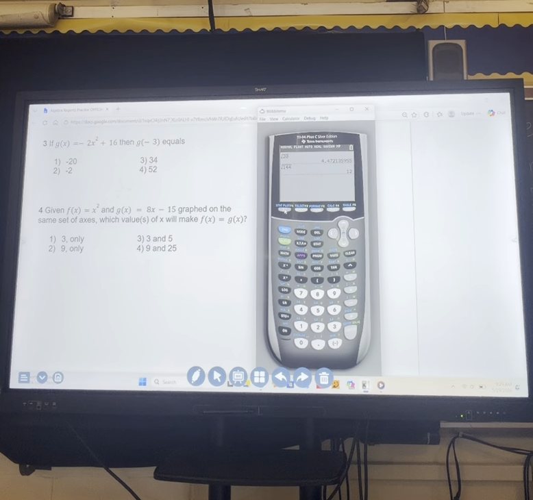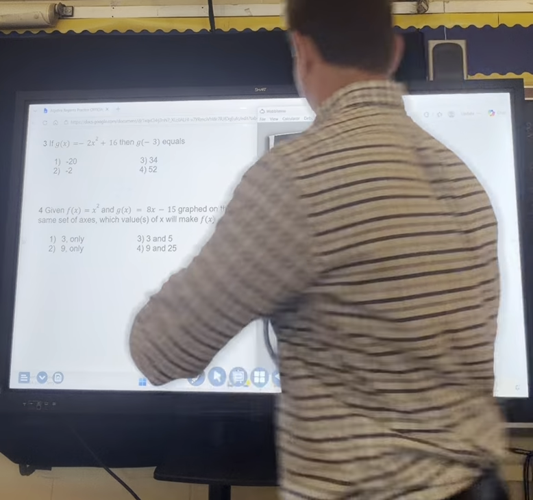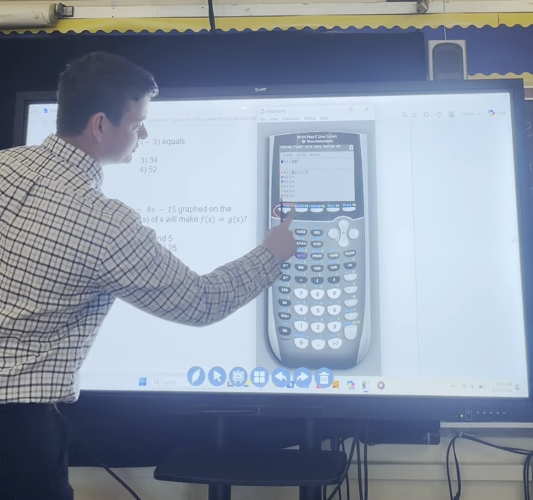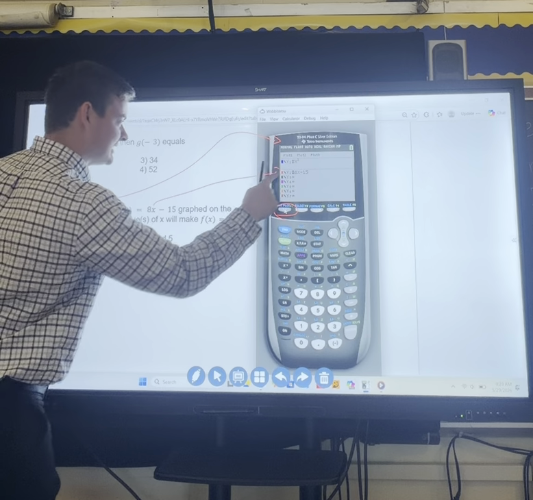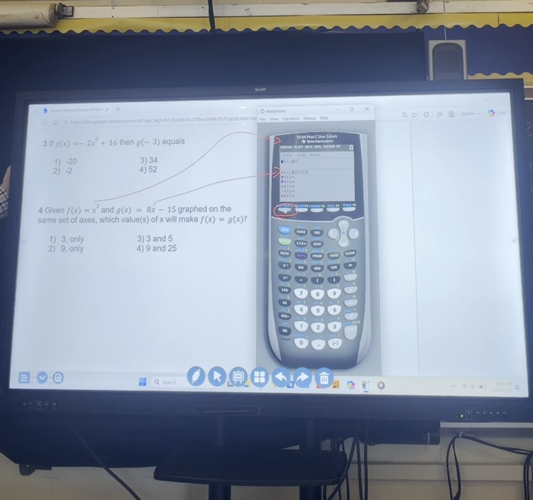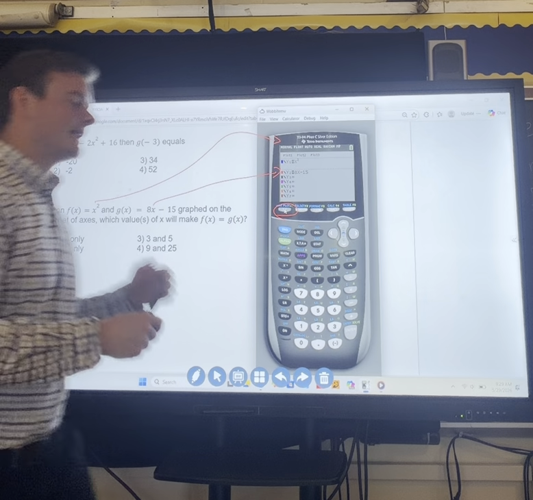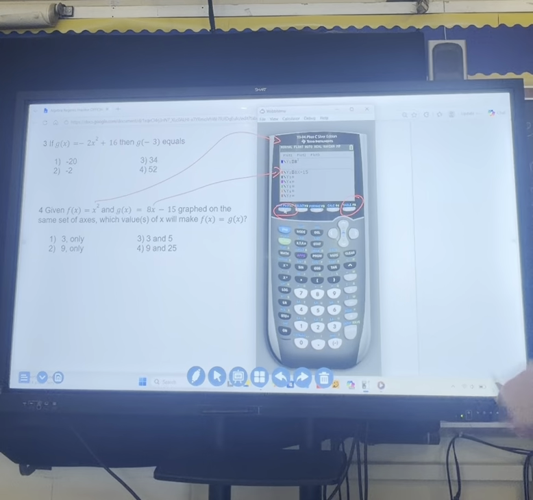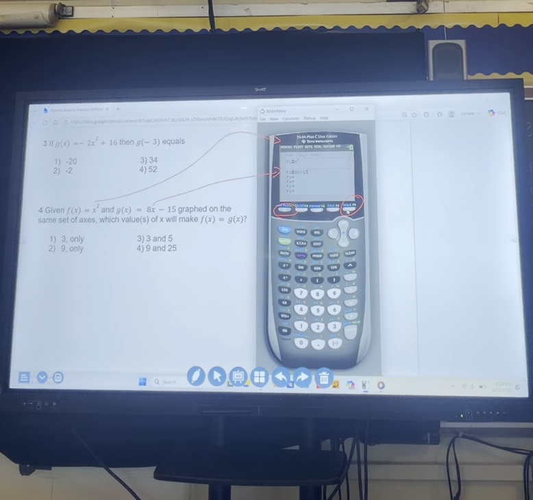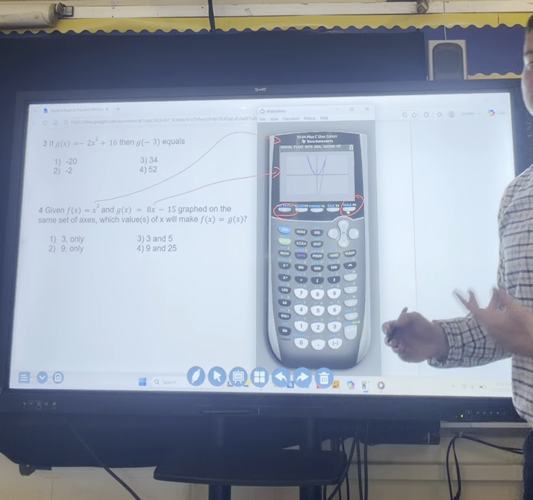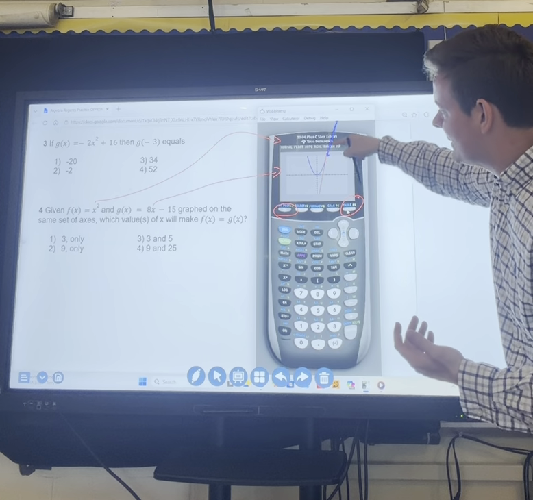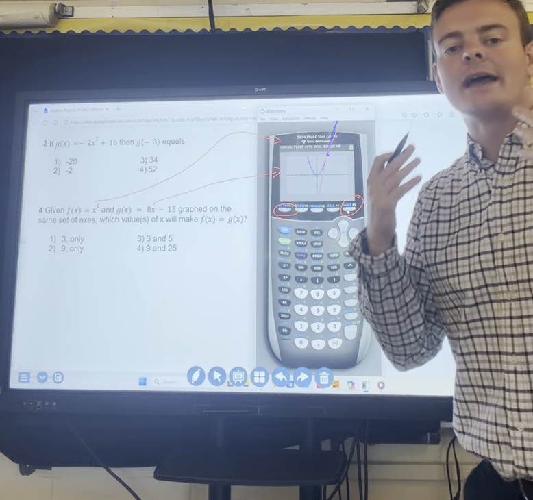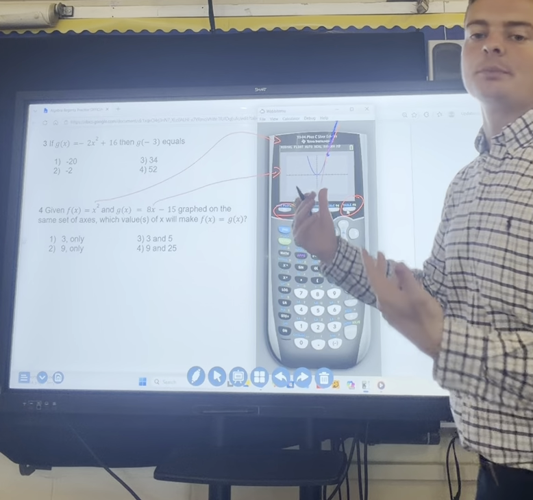I hit my y equals button, because y equals will graph. I'm going to put both of these equations exactly as I see them into my calculator. I now hit this top right button here, which is graph, so I can see it. But the problem with the graph is that it doesn't show the full picture, because stuff is going on up here. Maybe they cross again, maybe they don't, I don't know. My graph ran out of space.